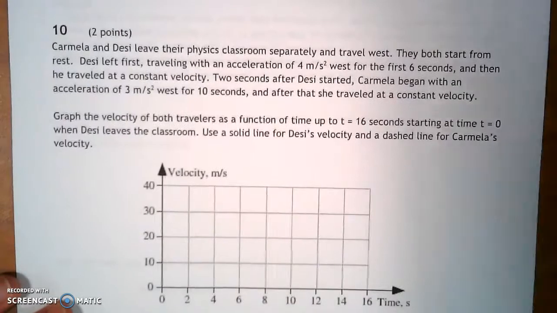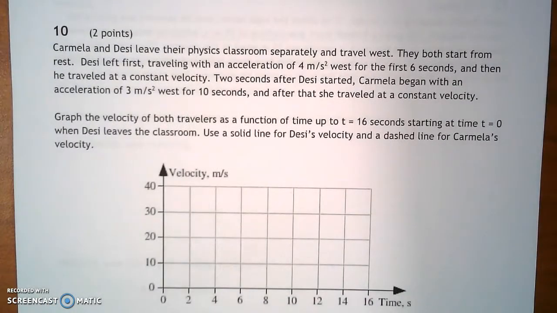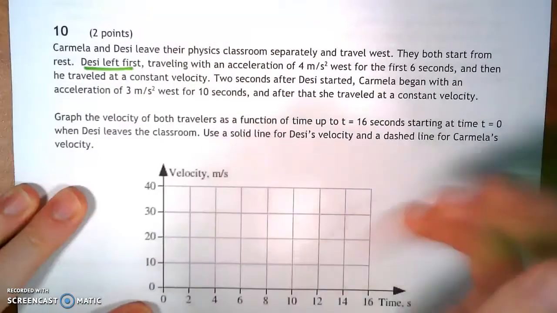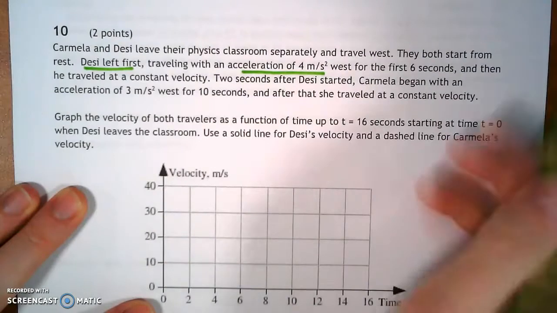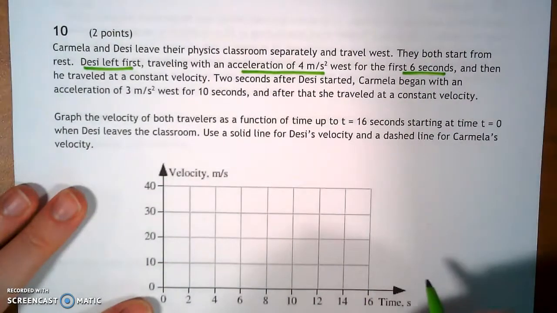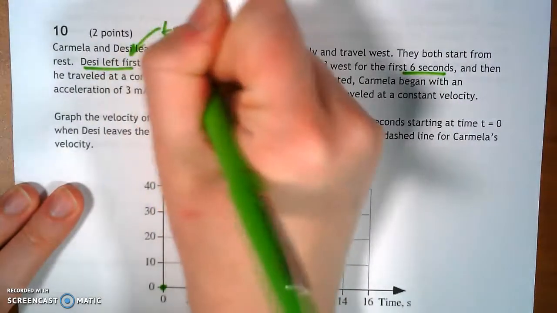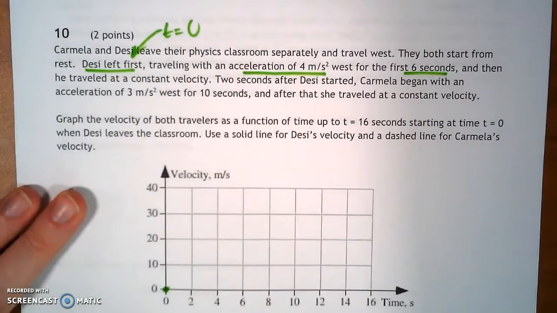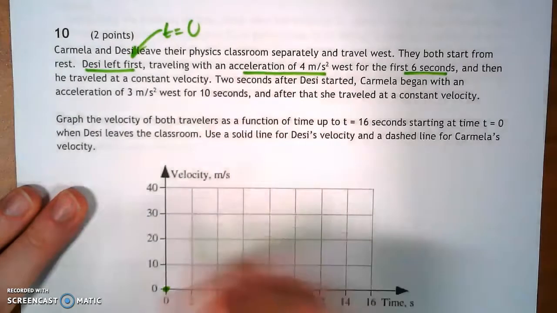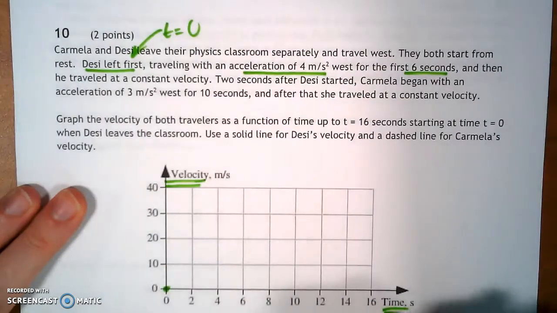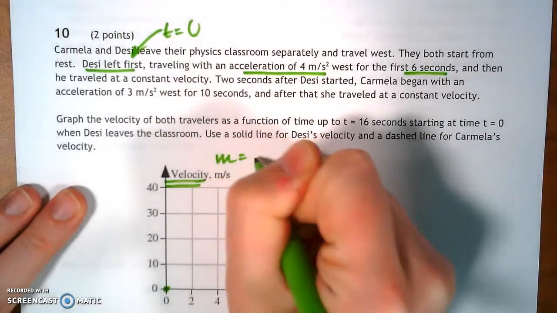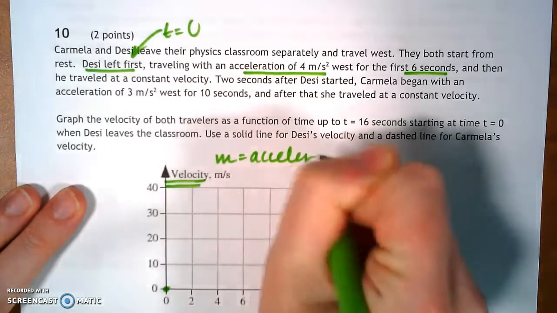Alright, number 10. So Carmela and Desi. When we look at the key information that's here, we have Desi leaving first with an acceleration of 4 meters per second squared for 6 seconds. So that means on the graph, when time equals 0, that's what I'm assuming this leaving first means. Again, we have a velocity versus time graph, so I know that my slope is equal to my acceleration.